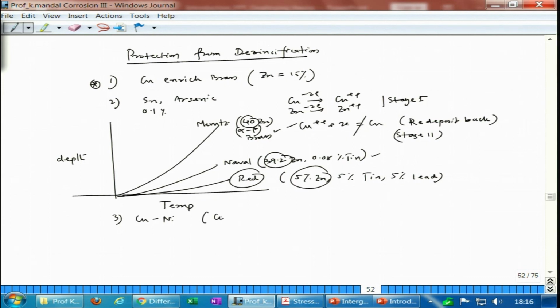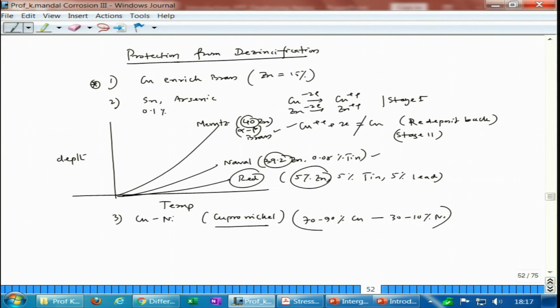This is called cupri nickel or cupro nickel, which is close to 70 to 90% copper, and the rest is 30 to 10% nickel. So, this is an alloy one can use in the case of an aggressive solution where dezincification cannot be avoided. So, these are some of the protection routes one can use.